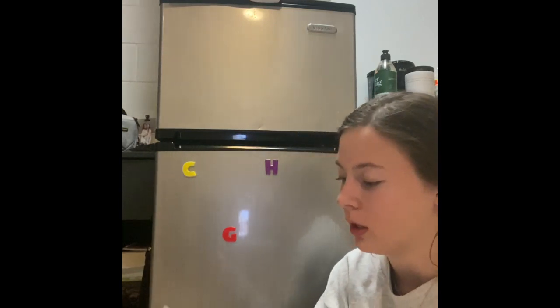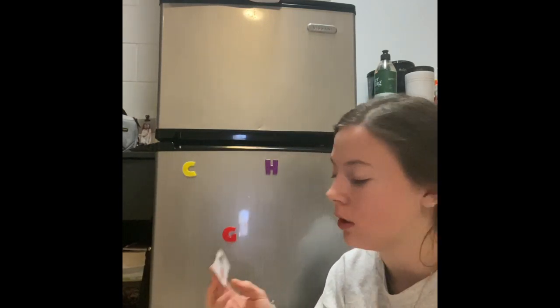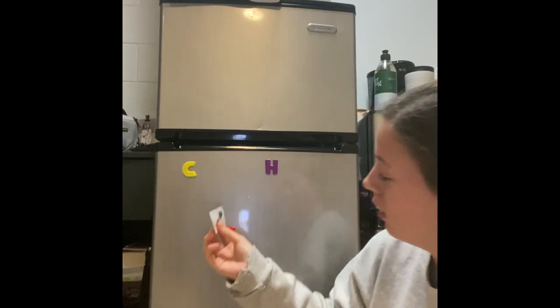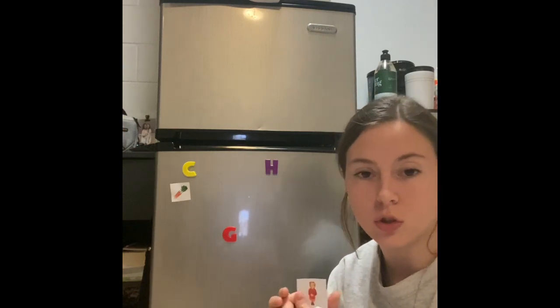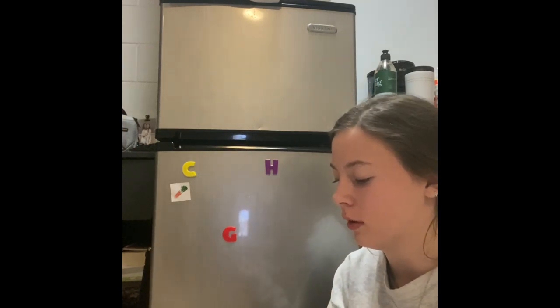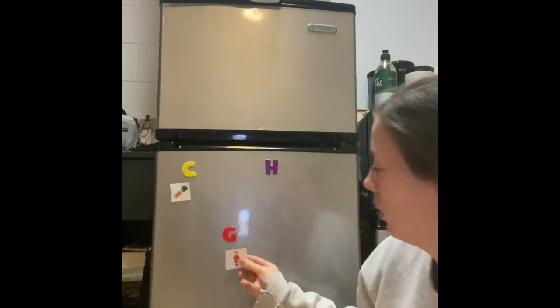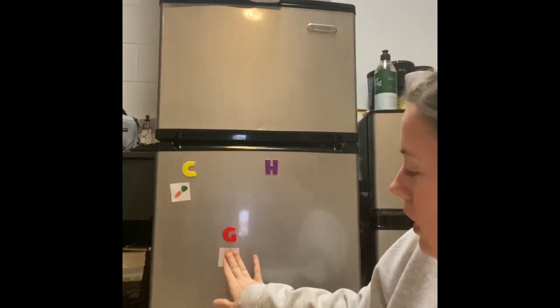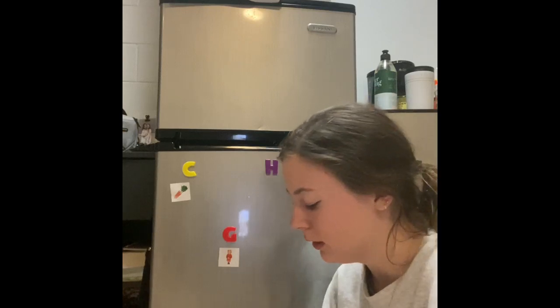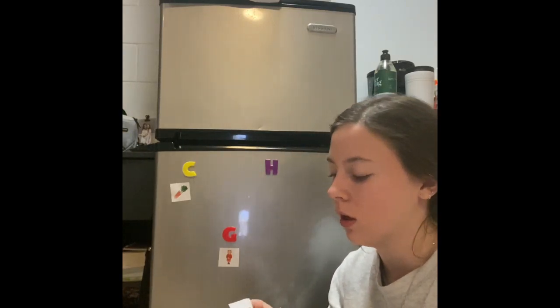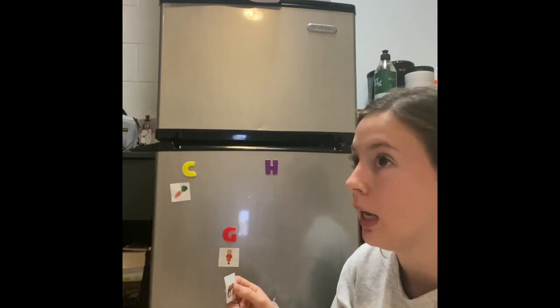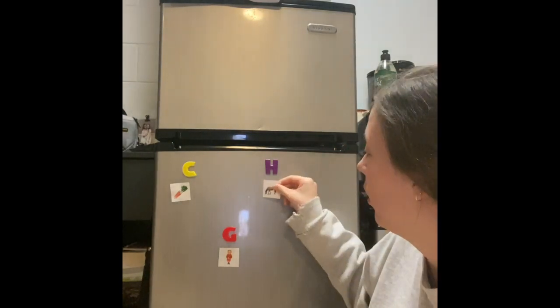So they'll pick up a random one, carrot, and put it under C, and then they'll pick up another random one. It's a picture of a girl, so girl, that letter sound relationship would be G, and place it under G. Pick up another one, which is a picture of a horse, horse, H, put it under H, and then keep going.